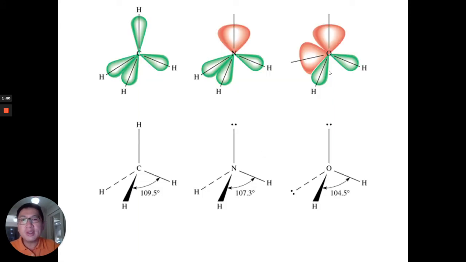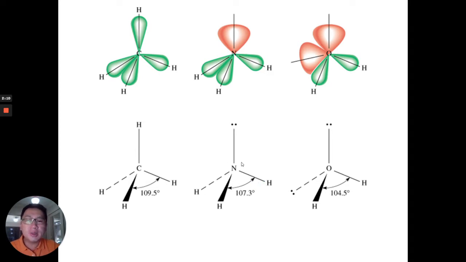But what if you had a molecule like NH3, nitrogen, ammonia, where there is a lone pair. If you drew the Lewis dot structure of NH3, nitrogen's the center, you would have three hydrogens attached and a lone pair. This lone pair of electrons also repels the shared pair of electrons.